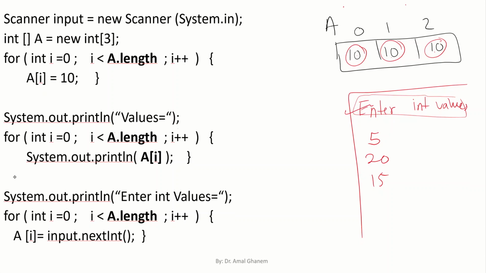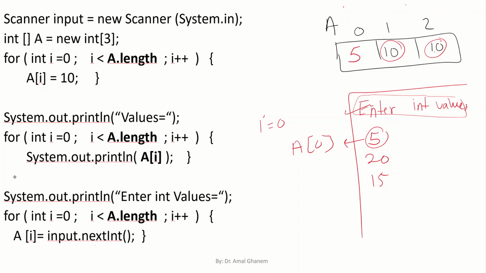For i equals 0 up to the length, read a number and save it at location i. So if i is 0, go to array at location 0 and read the number. Read a number and save it in which location? Array at location 0. So array at location 0 will have a new value, which is 5.